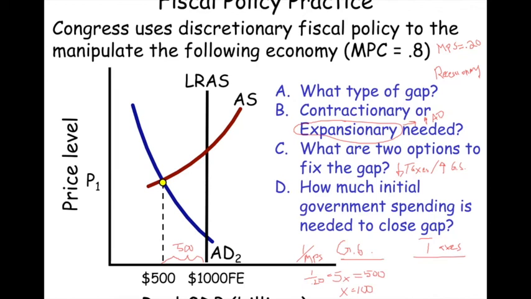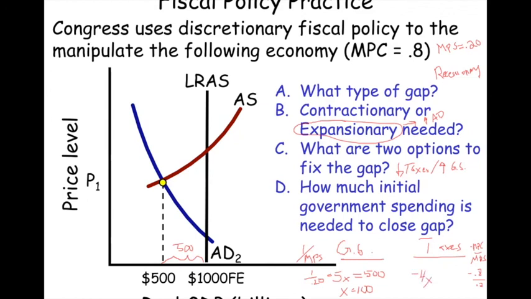Okay. Now I didn't ask for it, but let's do taxes anyways here because we got it. So that would be 1 over the negative MPC over MPS. If I plugged in those values, I'd get negative 0.8 divided by 0.2, and that leaves me with a negative 4. Okay.